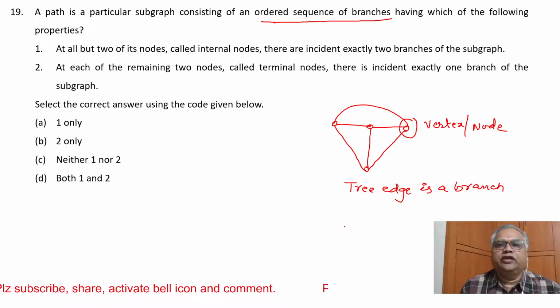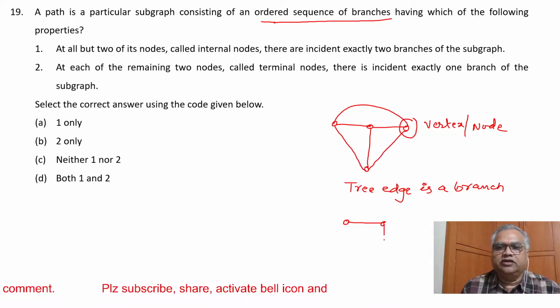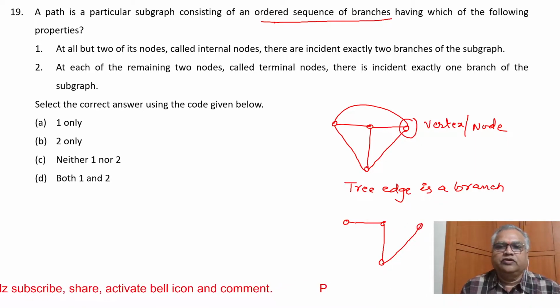So if I take a, it is not asking for a tree, it is asking for a subgraph. But the subgraph can be selected like this. So these branches are in a sequence.